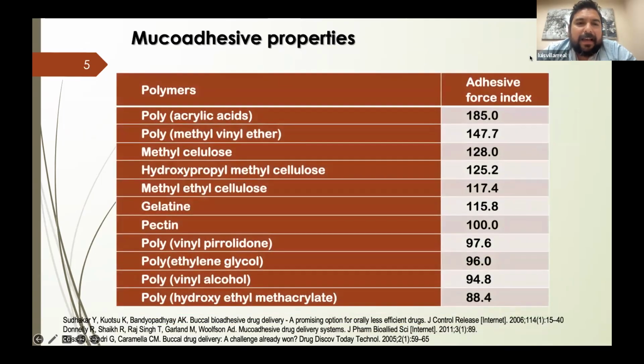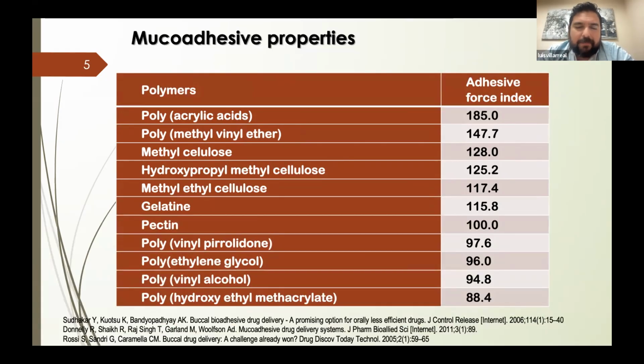As in the last presentation of Dr. Webster, there are a lot of polymers, natural and synthetic polymers, that are used for the fabrication of drug delivery systems. In my case, we use some synthetic and natural polymers with the specific properties to be mucoadhesives.